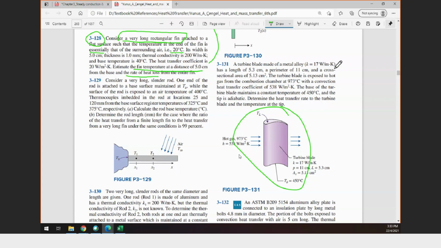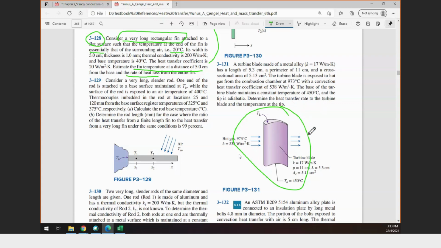A turbine blade made of metal alloy is exposed to the room temperature. At the base, determine the heat transfer rate, and the tip is adiabatic. Determine the heat transfer rate to the turbine blade and the temperature at the tip.